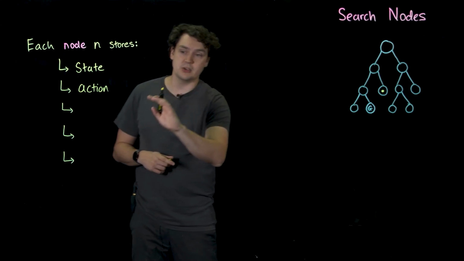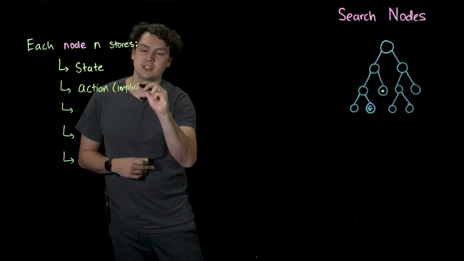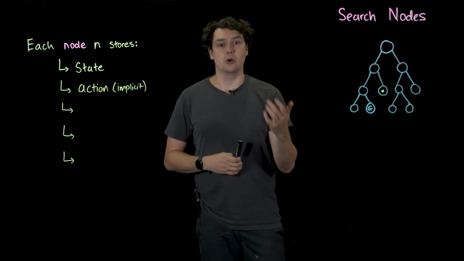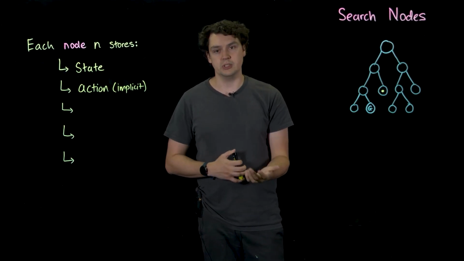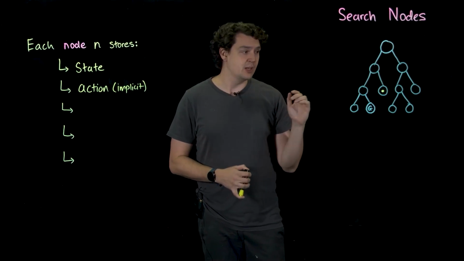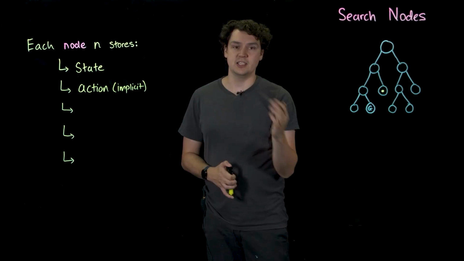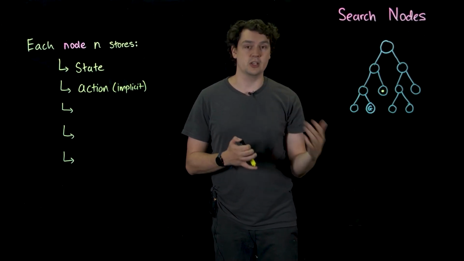Now, what I think is quite interesting about this is that this is often implicit. Because in most search problems, we know what the rules of the world are, we know what actions we can take, we know what we're allowed to do. Because of this, sometimes we don't even bother to actually store this in the node, simply because it can be retrieved with additional work based on looking at the rules of the world.